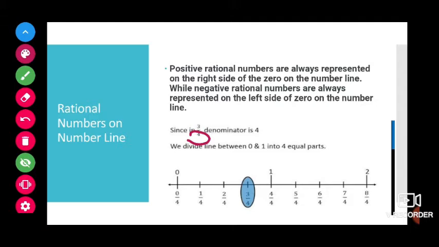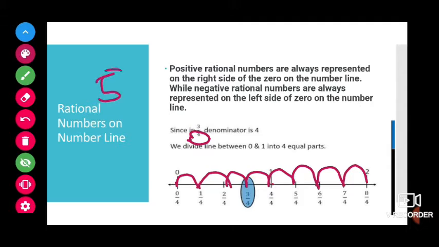Here 4 is the denominator, so we have to divide each and every unit into 4 parts. Here we can see 0 to 1 is divided into 1, 2, 3, 4 parts. Again 1 to 2, 1, 2, 3, 4 parts.